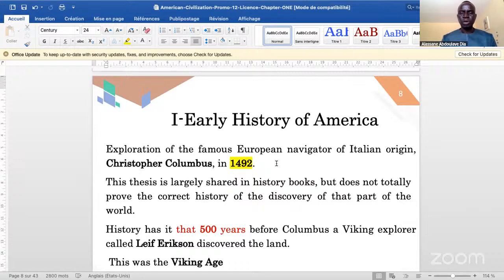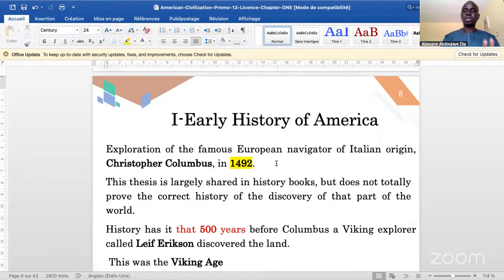But be careful, class. The thesis that Christopher Columbus, a European navigator of Italian origin, discovered America in 1492 is questionable. The thesis is largely shared in history books. That's what you read in many history books.